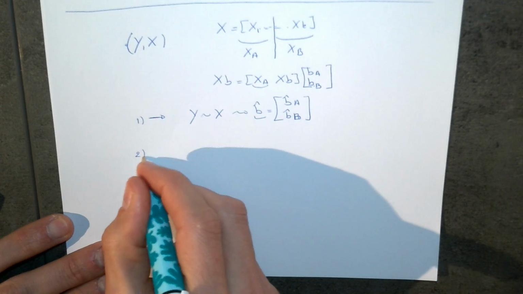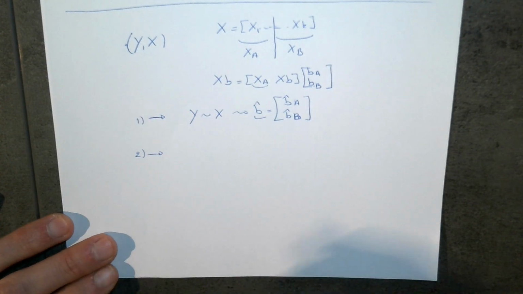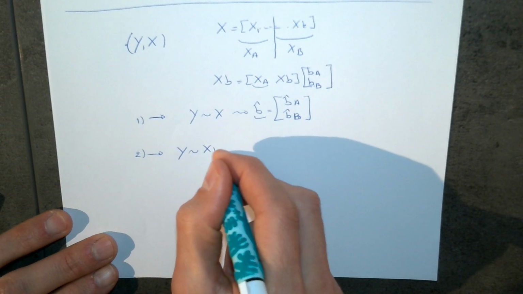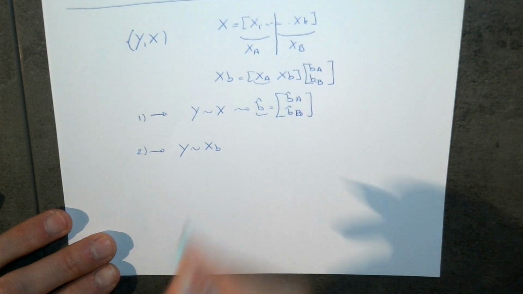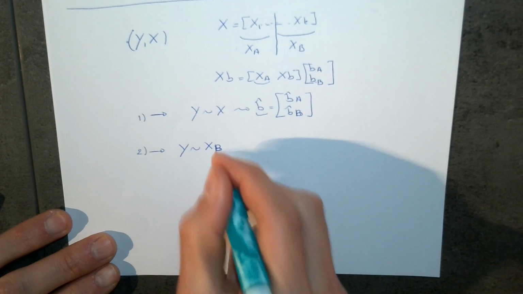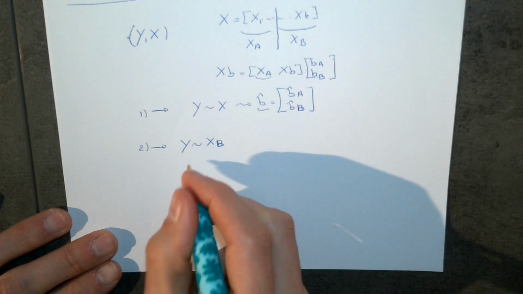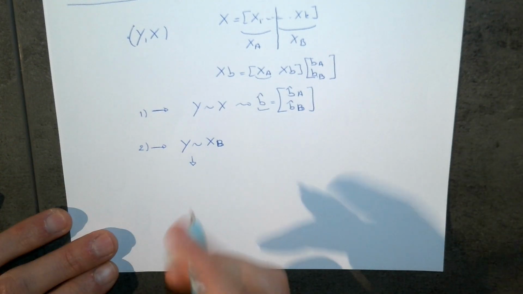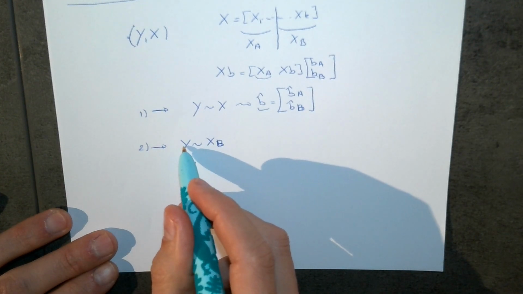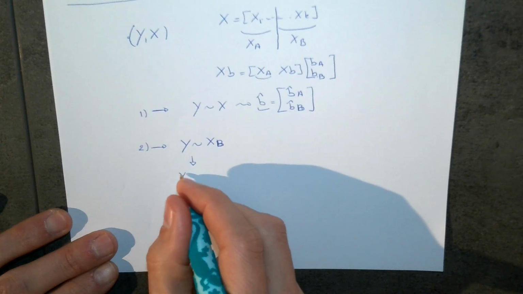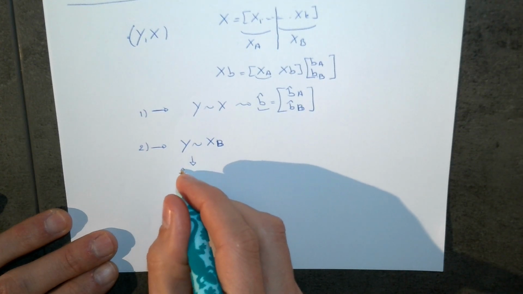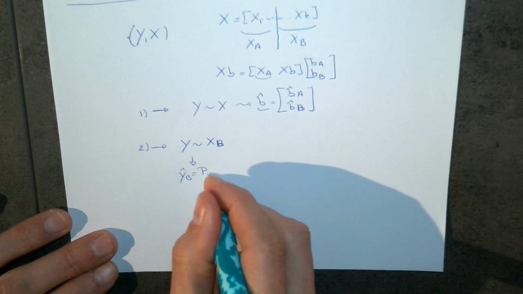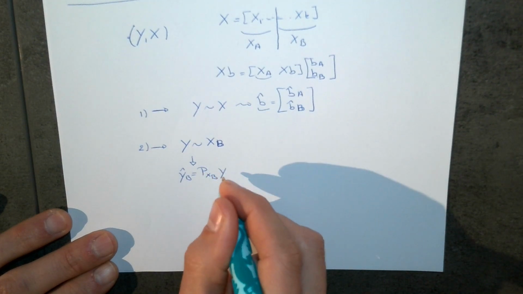Then in the second regression, you can regress y only on Xb. What you get from this are OLS estimates, and then you get the estimated y, call this y hat b, equal to PXb times y.